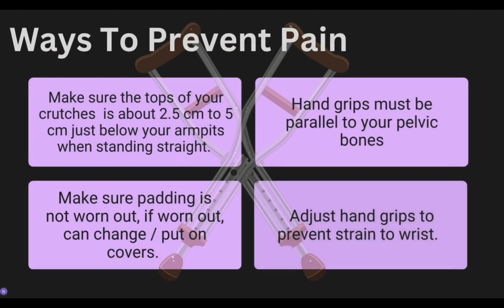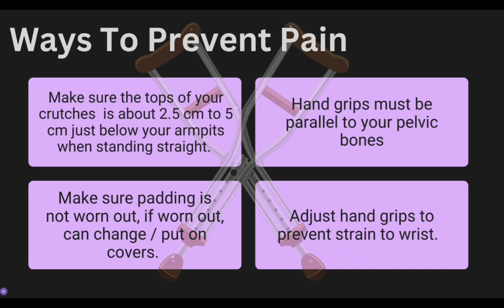To prevent conditions such as sore armpits, shoulder pain, rib pain, and hand pain, the crutches must be used correctly. Firstly, make sure the tops of your crutches have a short distance, about 2.5 to 5 centimeters, just below your armpits when standing straight. Secondly, for hand pain, make sure the hand grips are parallel to your pelvic bones and that the padding is not worn out.